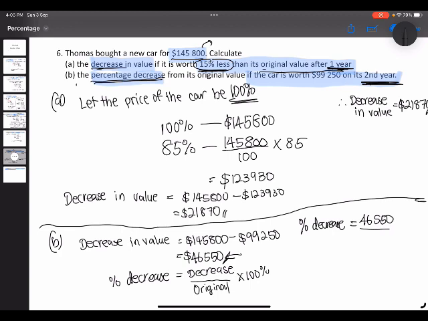So what is this original value? It's on the initial year, right? But this should not be the original value. This must be the one on the first year. So it is 46,550 over 145,800 times 100%, which gives us a string of numbers. But let me write the first few numbers.